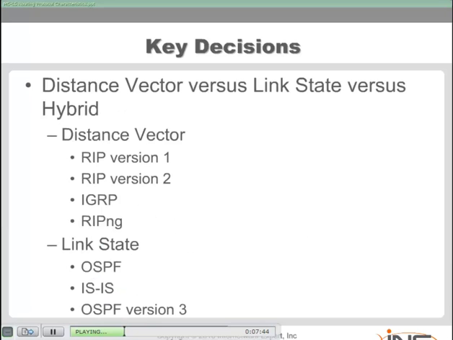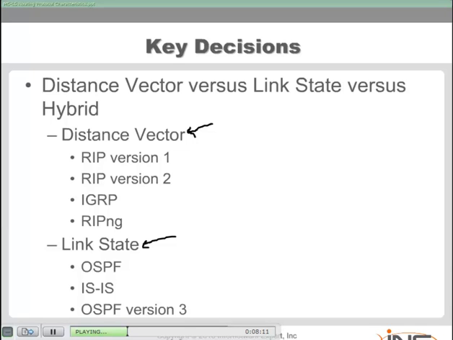Another criteria that we need to look at when we are selecting the routing protocol is we have to understand distance vector versus link state, and we have to know which routing protocols are distance vector and which are link state. I'll tell you right now, distance vector is considered like first generation type technologies, and much more sophisticated is our link state.